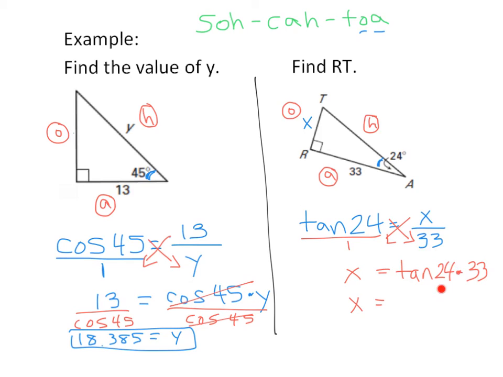Some calculators, you need to close the parentheses off around 24 before multiplying by 33. The correct answer should be 14.693. If you did not end up with that value for the length of segment RT, again, we should talk about calculator issues you may be having in class.